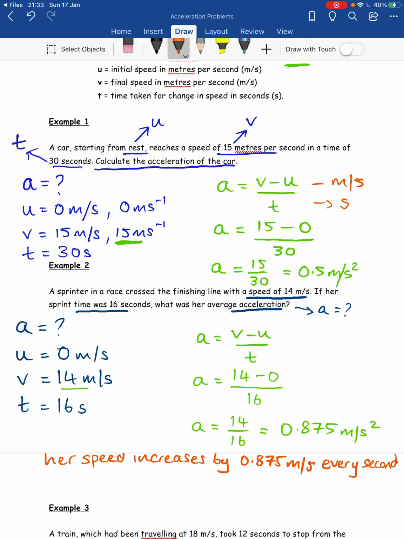And that's basically what acceleration is. It's how much your speed increases by every second if you're going from a low speed to a high speed over a certain time.